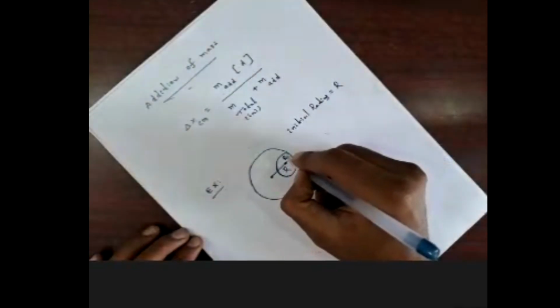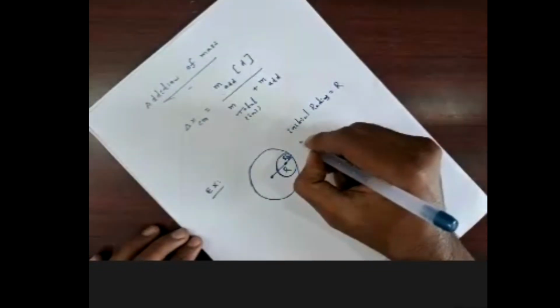What about the radius of that other, smaller plate? For the small plate, the radius is R by 2.